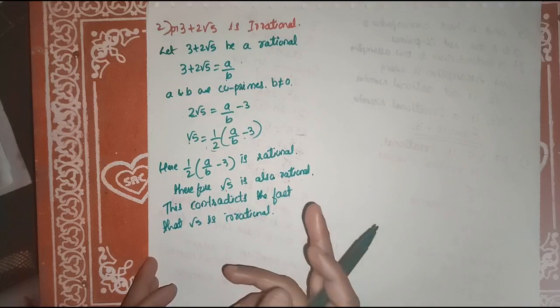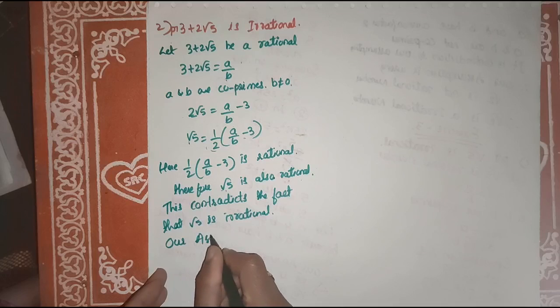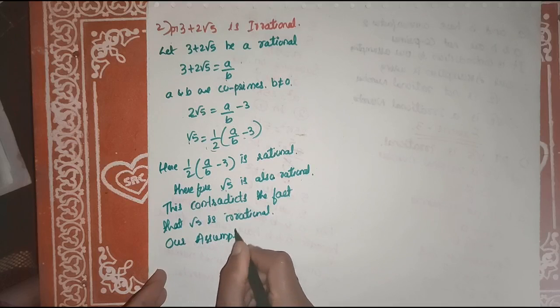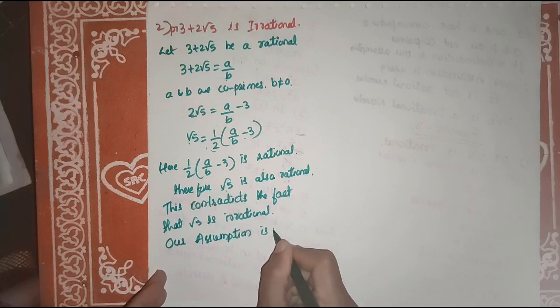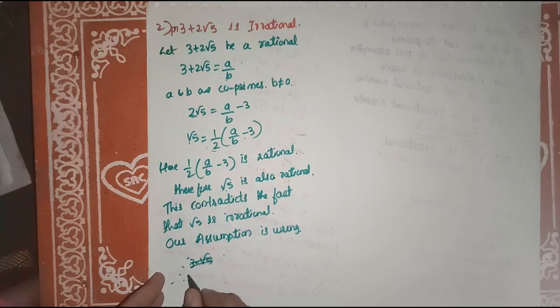Therefore, our assumption is wrong. So 3 plus 2 root 5 is an irrational number.